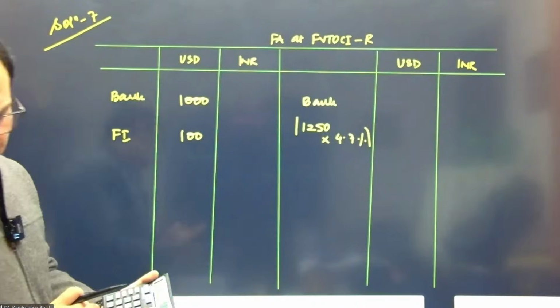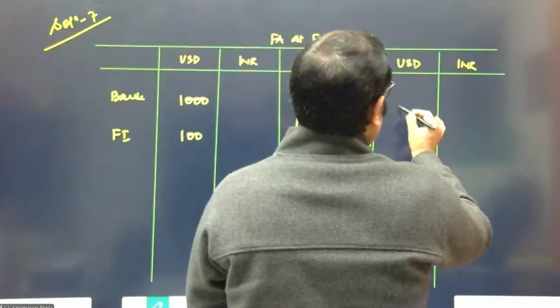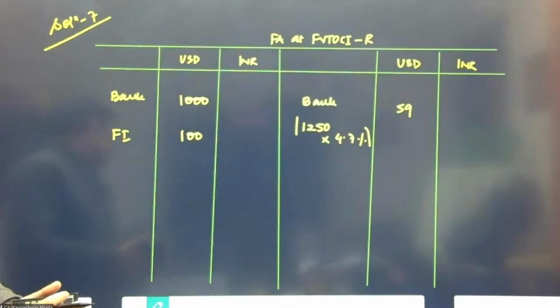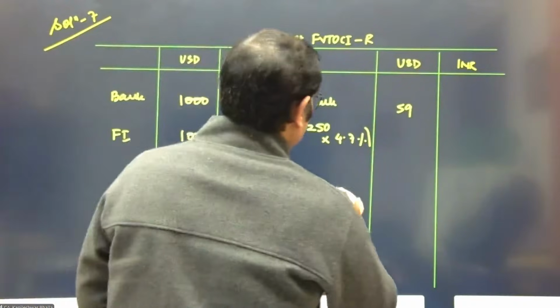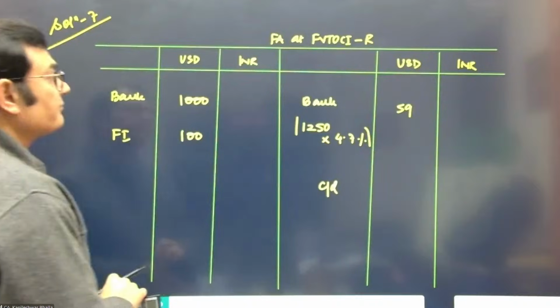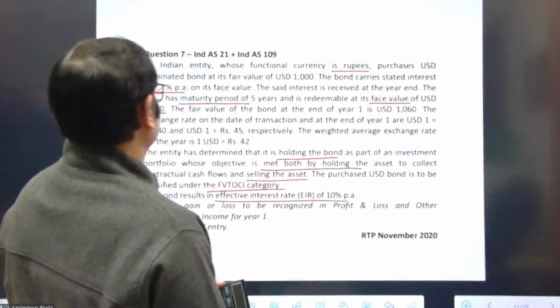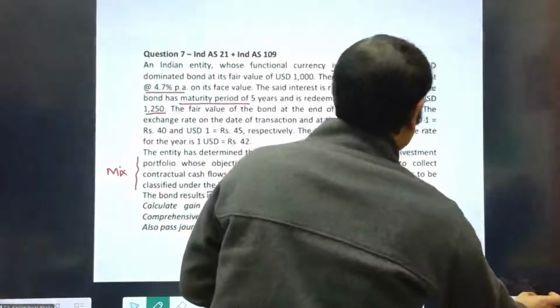So this is coming approximately 58.75. I'm taking this 59. Okay, and then I think we can comfortably consider the balance CD, balancing figure, or the fair value. Fair value. That's correct. So the fair value at the end is given to me 1060.